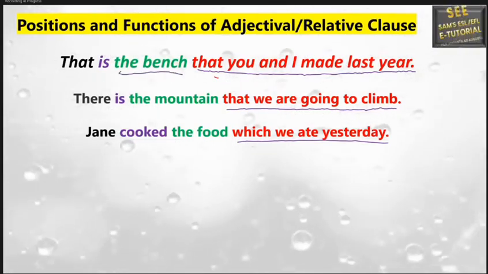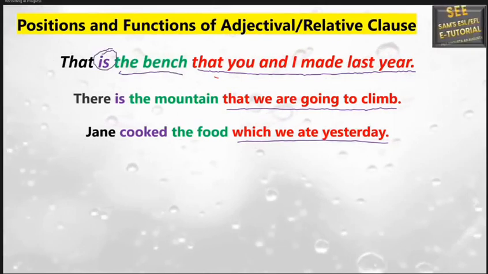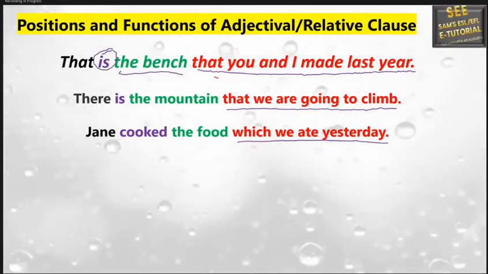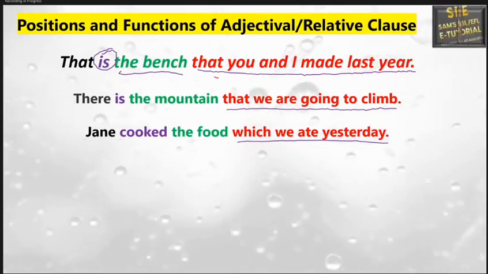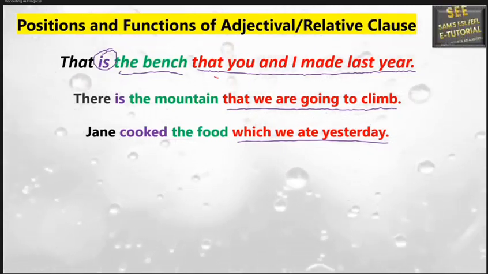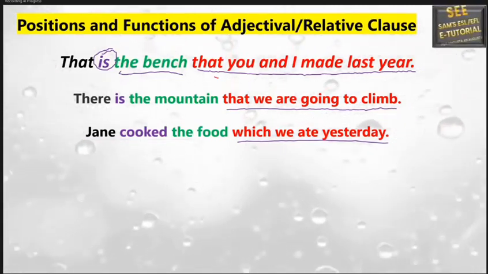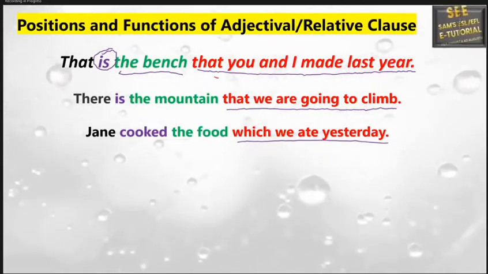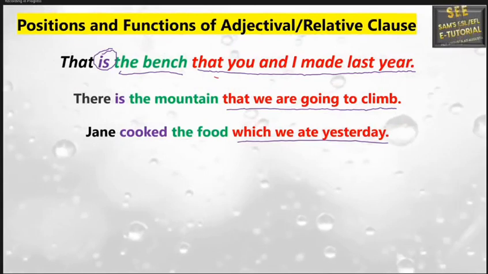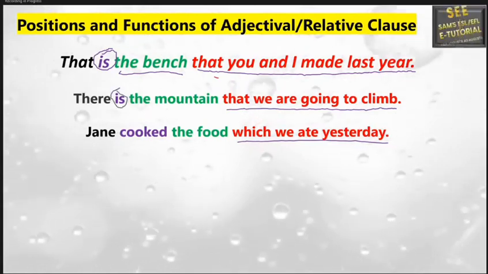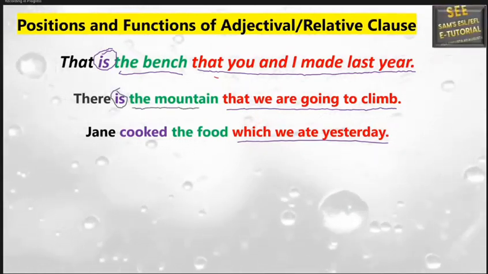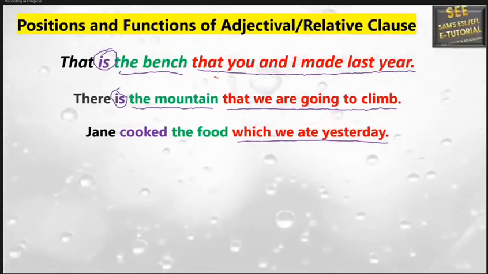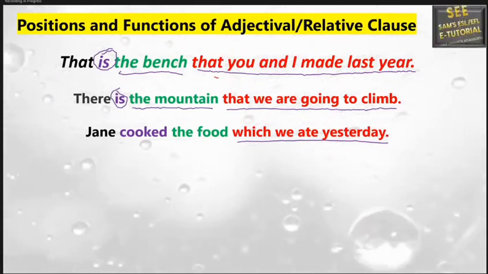It's a complement because this particular verb is a linking verb. The word "is" in this context is no longer an auxiliary verb, because there is no main verb in this sentence. So being the only verb in this sentence, it is now referred to as a linking verb. Immediately after a linking verb, what you're going to find is a complement. Therefore, the bench is a complement, the mountain is a complement.